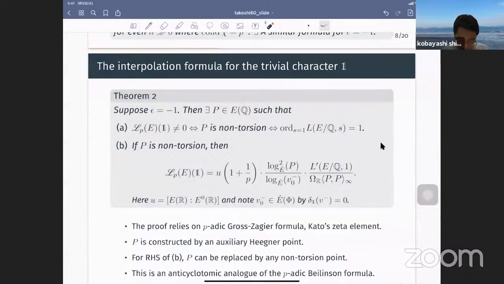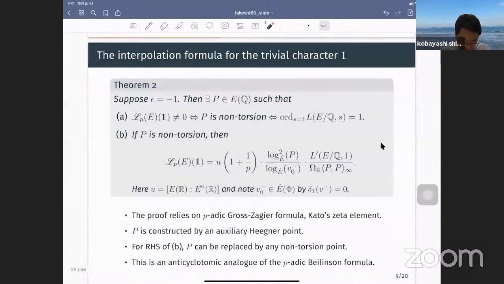And P is constructed by an auxiliary Heegner point. Note that our E does not satisfy the Heegner condition because the root number is always +1 over K. So a Heegner point does not exist canonically.